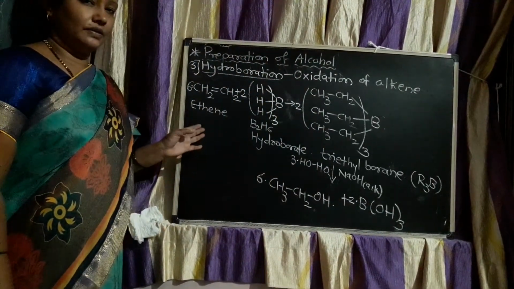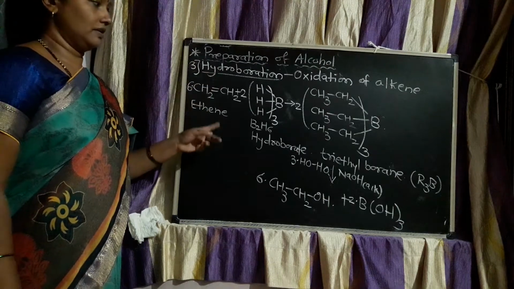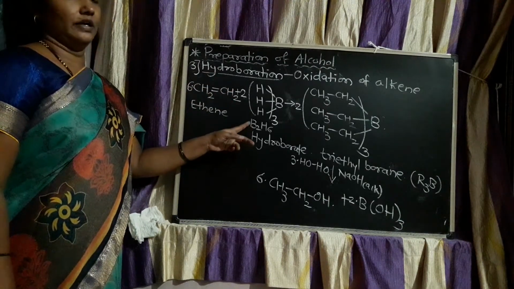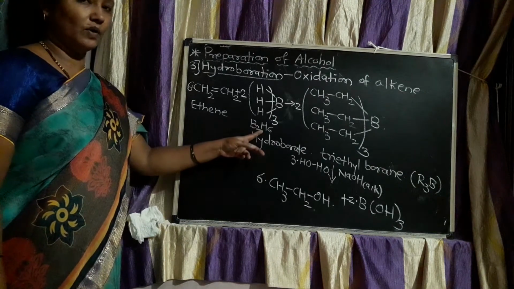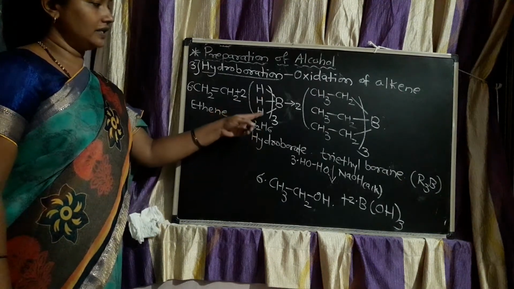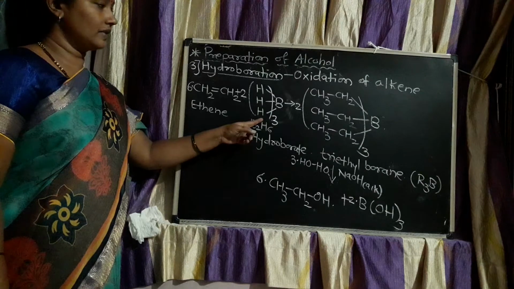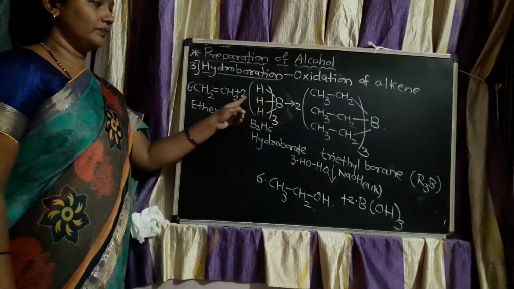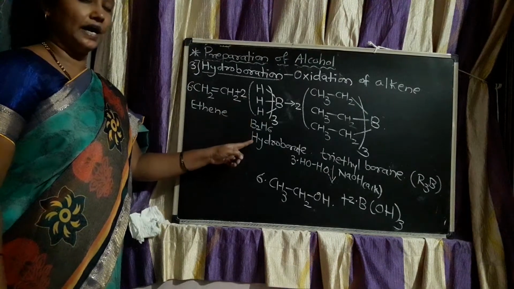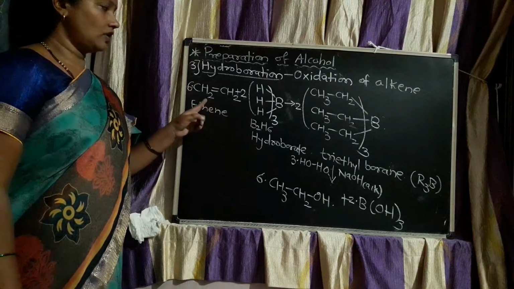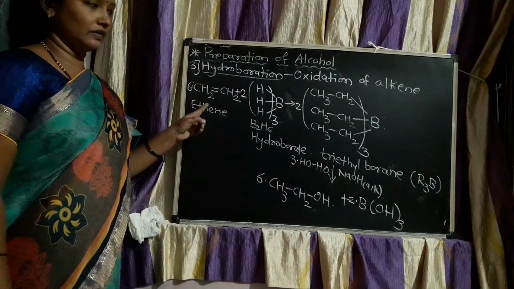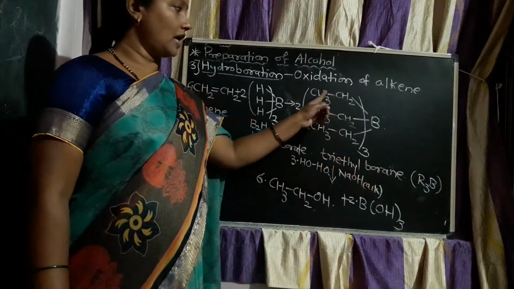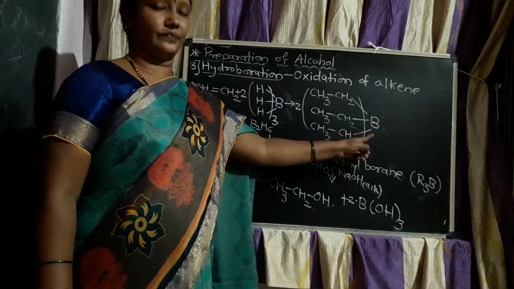This is the third preparation, hydroboration. B2H6 means hydroborane. Which on addition with alkene first forms R3B, means trialkyl boron.